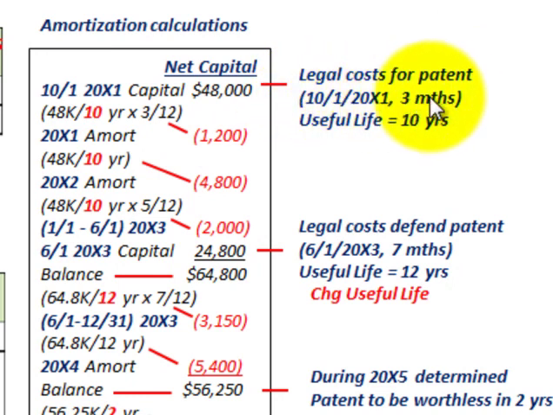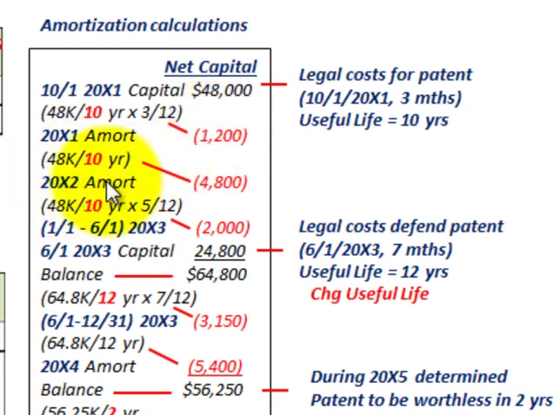So we have 3 months remaining in the year, October, November, December, and again we have a useful life that we estimated at 10 years. For those 3 months in 20x1, you just take the capitalized amount of 48,000, divided by the 10-year life, times 3/12 for the year. You're going to get an amortization expense for 20x1 of $1,200.